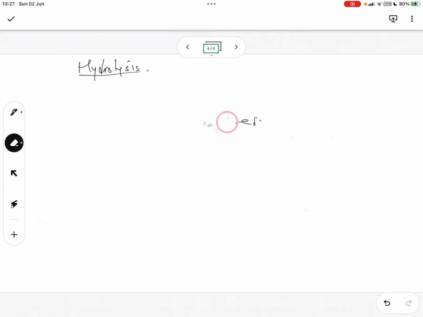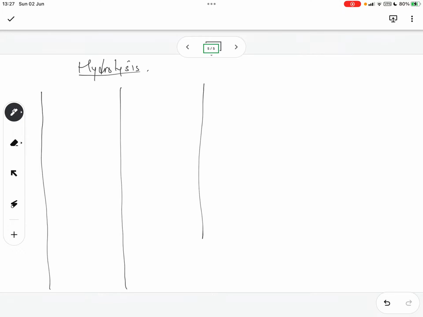And then a weak acid plus a strong base. Or let me rather do this. Let's make it a table instead.